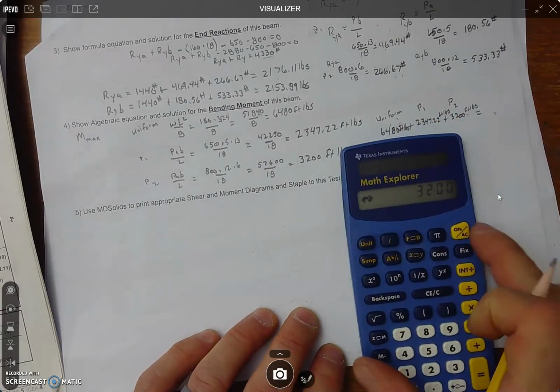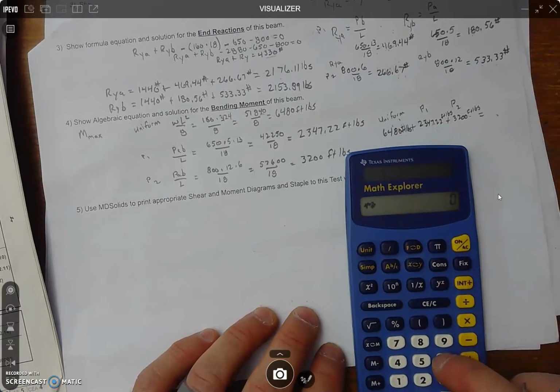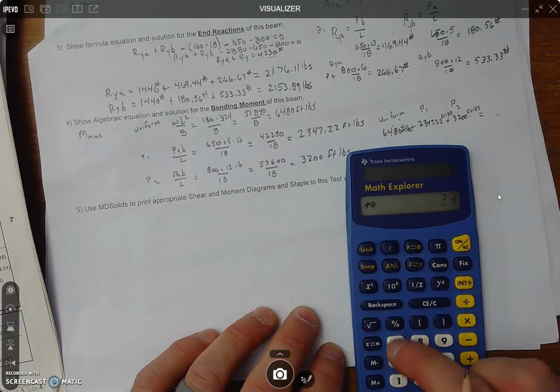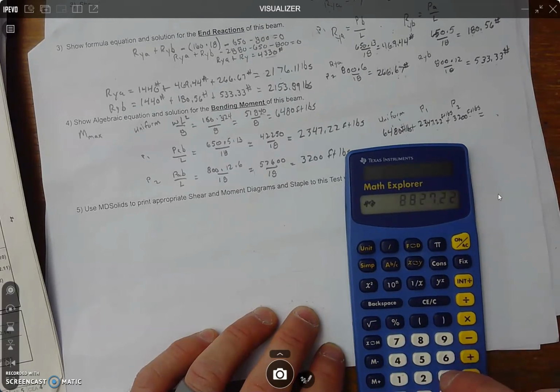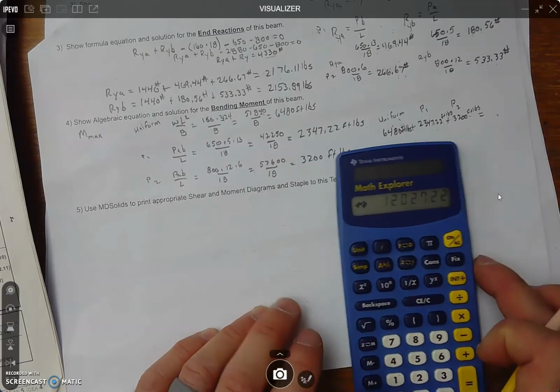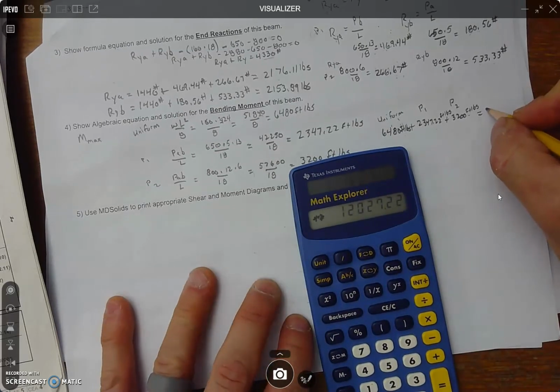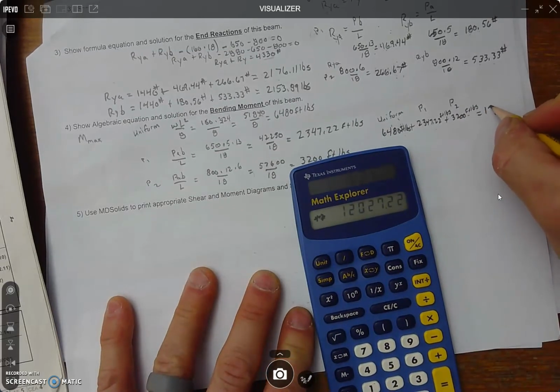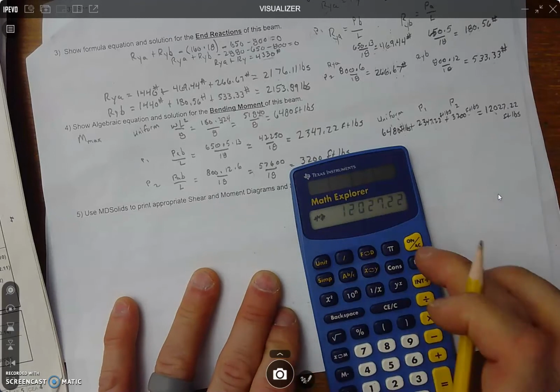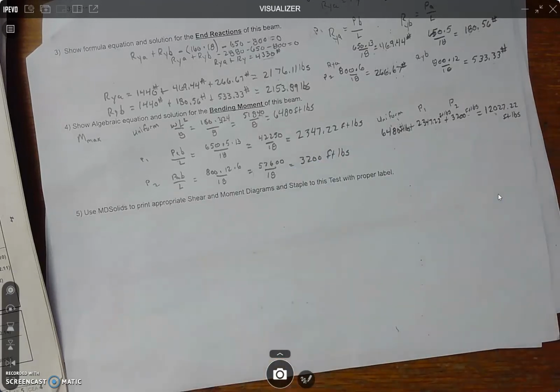Let's add those up: 6,480 plus 2,347.22 plus 3,200. So my moment max is 12,027.22 foot-pounds. That's what you need.